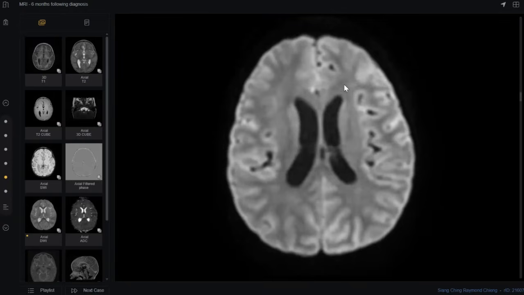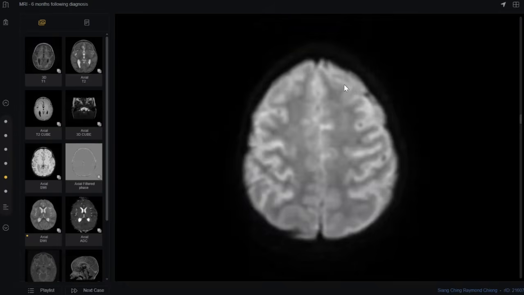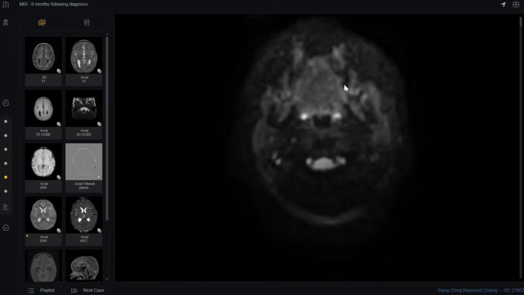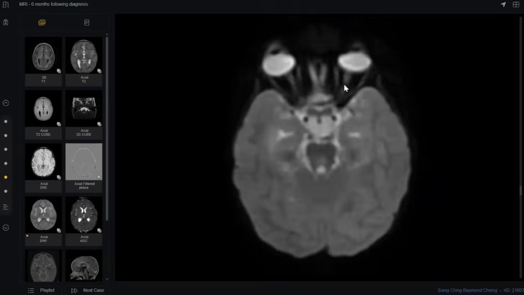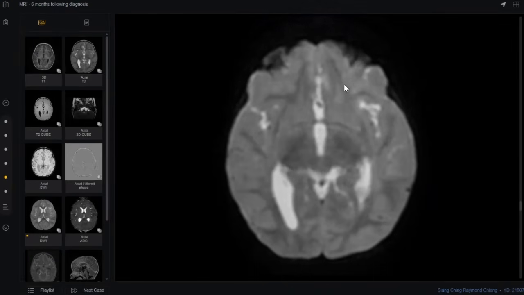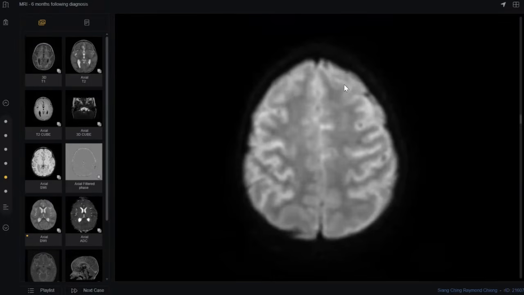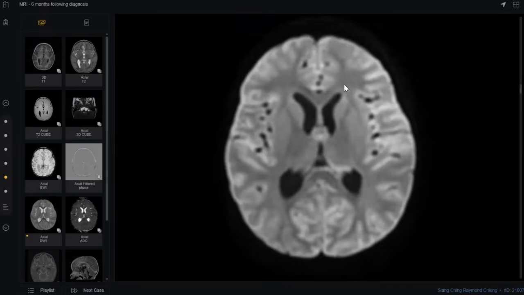This is an SWI sequence. No. This is a diffusion sequence, diffusion restriction. So what do you think? I do not find any specific area of increased signal.